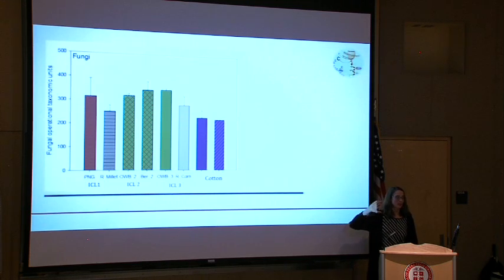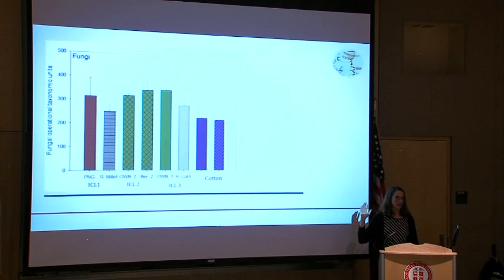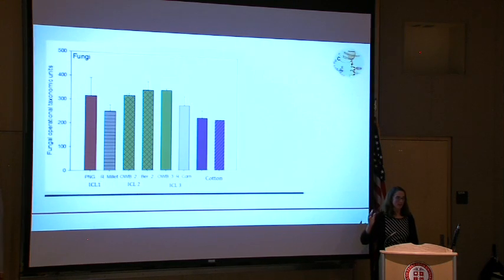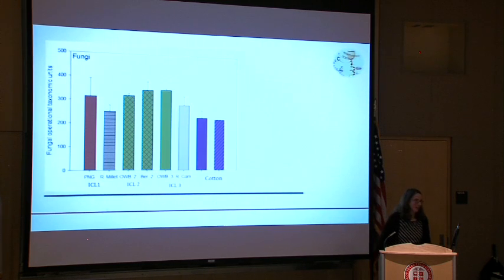So there seems to be a direct relationship between fungal diversity and carbon sequestration. The jury's still out on what's happening with bacteria and how they interact with the carbon story, but they're certainly important as well.